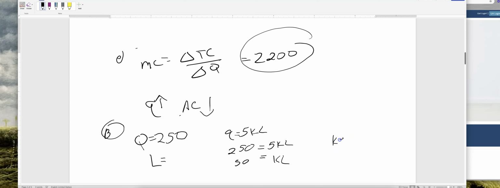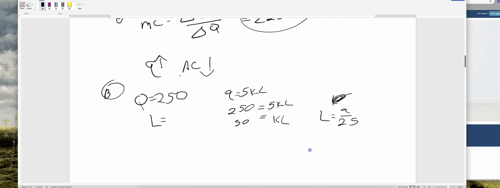But again, sorry, if our amount of output is 250 and L is still equal to Q over 25, then what that's going to mean for us is that we have 10 workers split over those 5 teams.